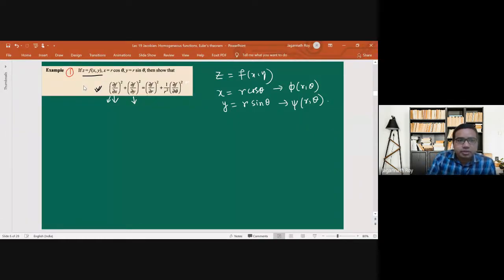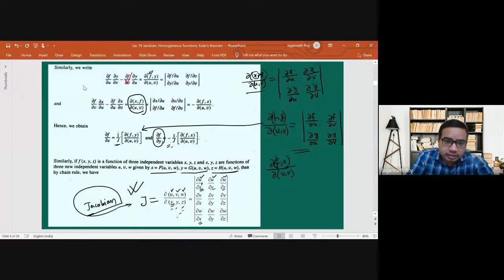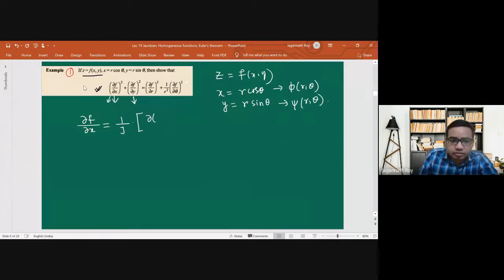So for this one, we will find out del f by del x, which is 1 by J into del of (f, y) over del of (r, theta).